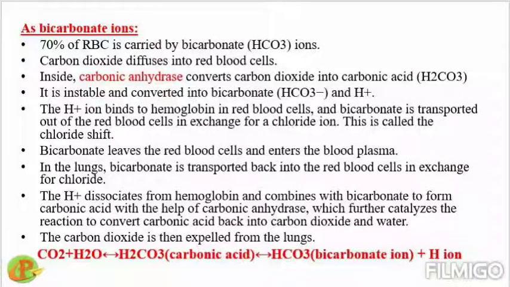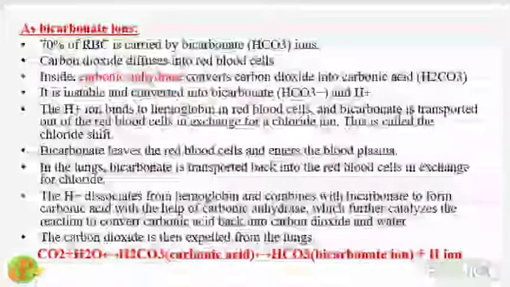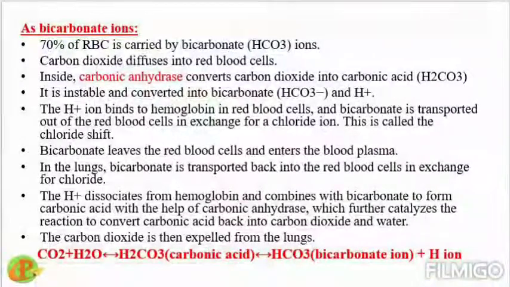It can convert the carbon dioxide into carbonic acid and then to the bicarbonate ion, as well as it will act in the opposite direction also. So it depends on the partial pressure of carbon dioxide. At the tissue, it breaks the carbon dioxide into bicarbonate ion, and at the lungs it again generates the carbon dioxide from the bicarbonate ions.